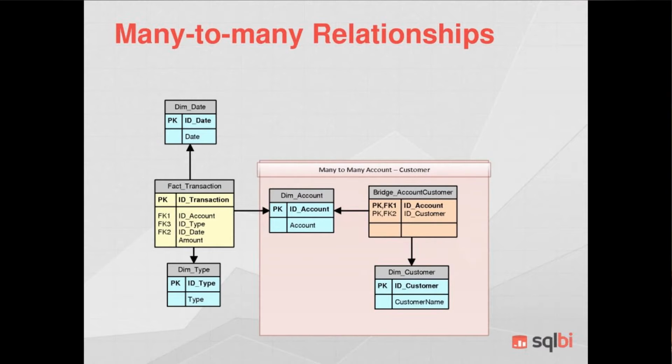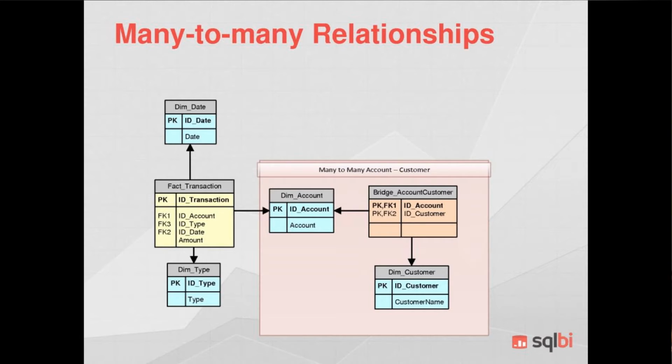The topic of today is many-to-many relationships. I guess you know what many-to-many relationships are. And the classical example of a many-to-many relationship comes from a banking data model. We have banking transactions, so you deposit or you draw money.